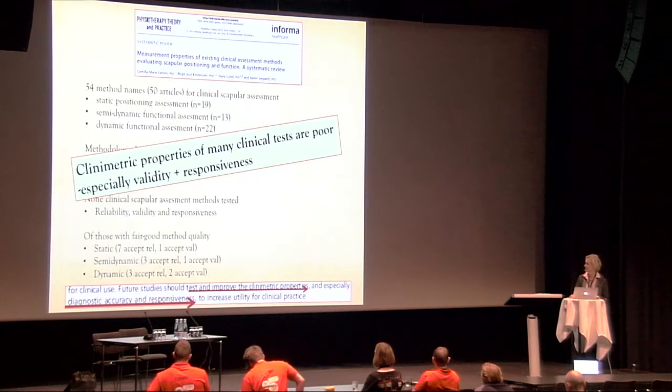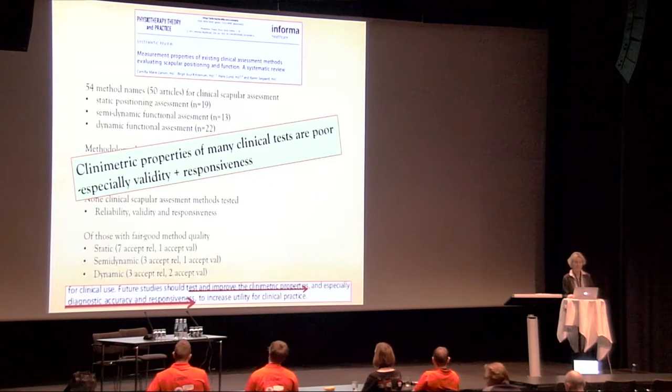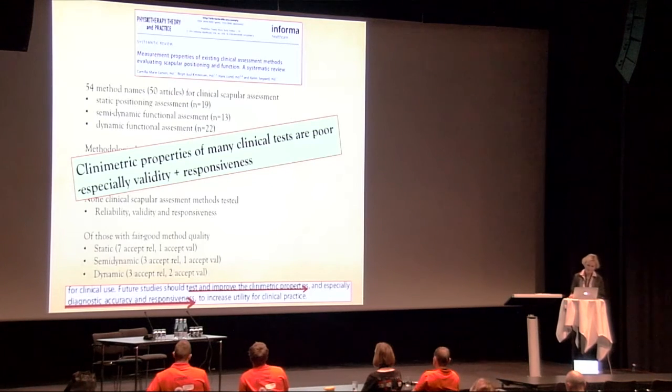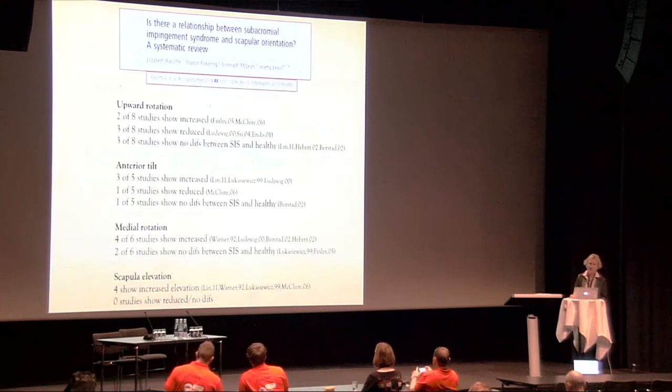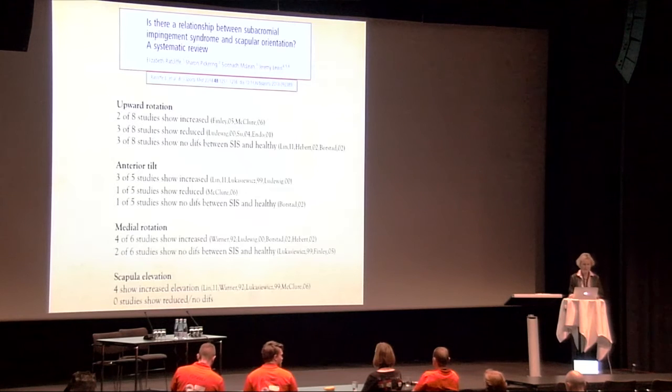What about if we use more advanced methods for identifying kinematic changes, as for example three-dimensional video, electromagnetic sensors, or inclinometers, to try to identify whether there's a scapular dyskinesis in subacromial impingement syndrome?